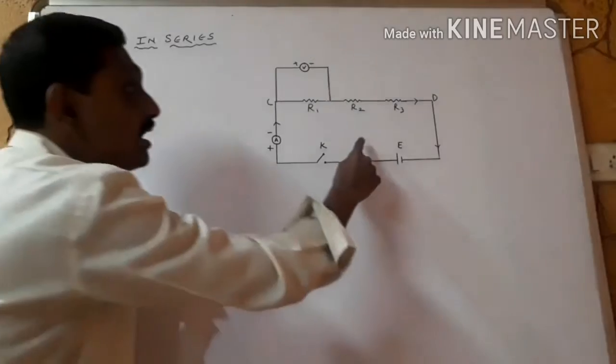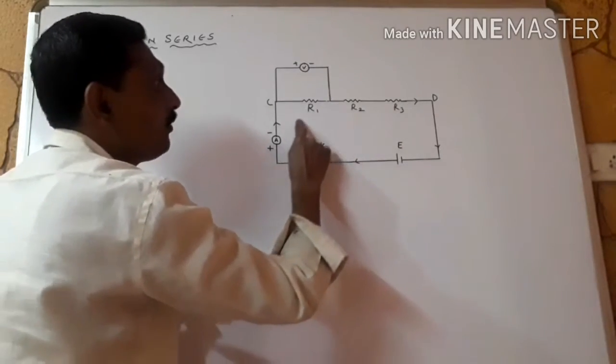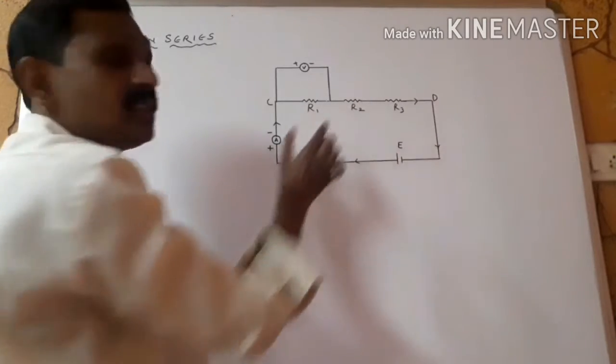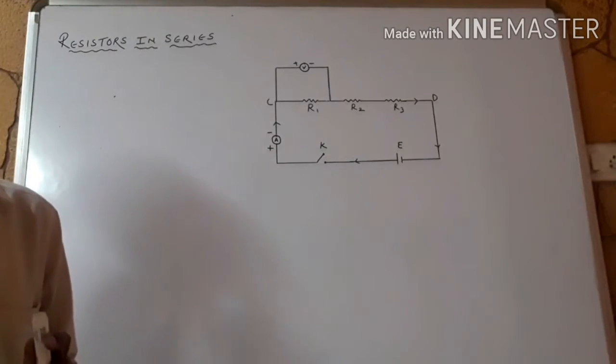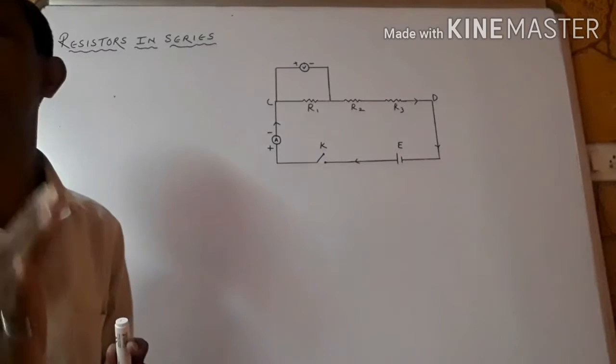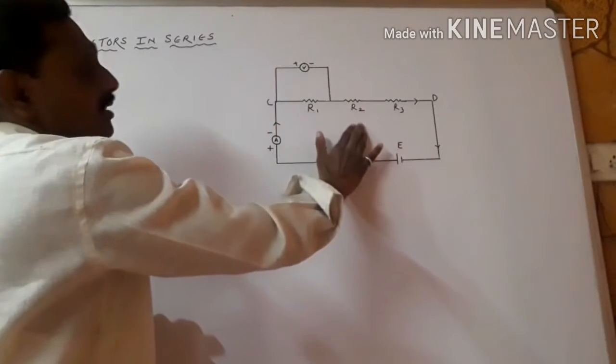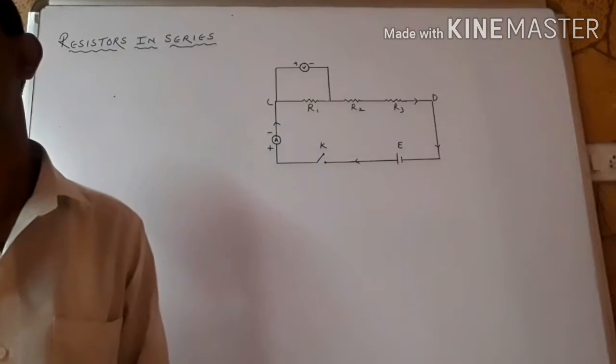Now in this case, the current flowing is the same, but the voltage across each resistor will be different. Let V1, V2 and V3 be the voltages across resistor R1, resistor R2 and resistor R3.